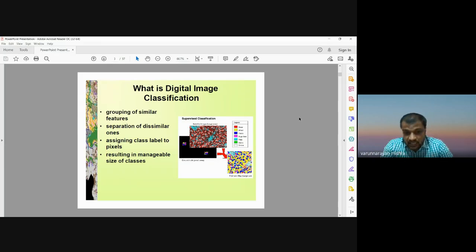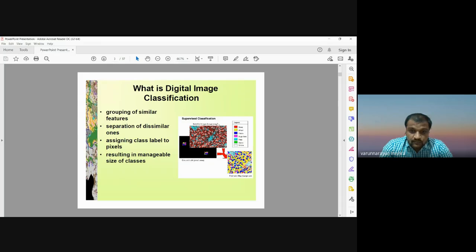We assign a class, a category, to a pixel, so the resulting output is in a manageable number of classes. As you can see here, this is a satellite image made of different pixels. Each pixel represents a specific class, so classification is the categorization or grouping of pixels of the same class. Like this satellite image, which now has different classes of grass, wheat, potato, and others.